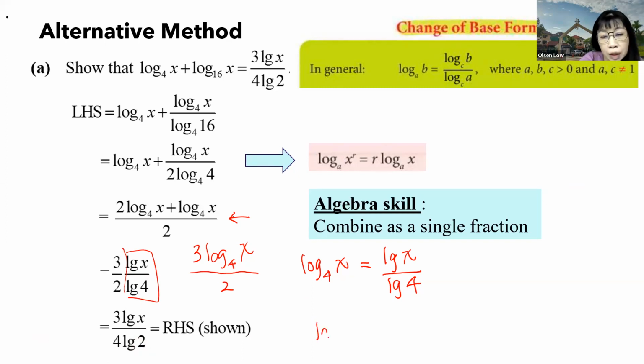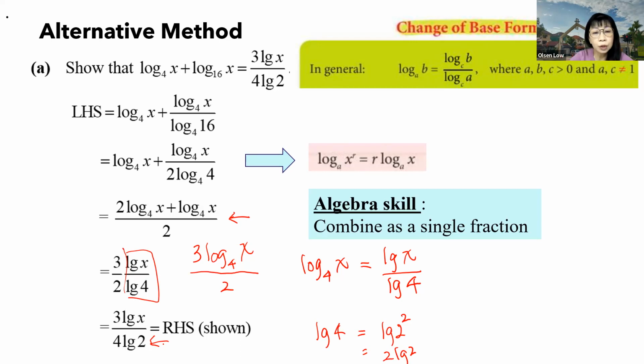Basically, log 4 is the same as log 2 to the power of 2. When I apply power law, I get 2 log 2. Therefore, with these 2 log 2, I combine them together. That is how I get 4 log 2 over here at the denominator. So with this, we are done with part A.